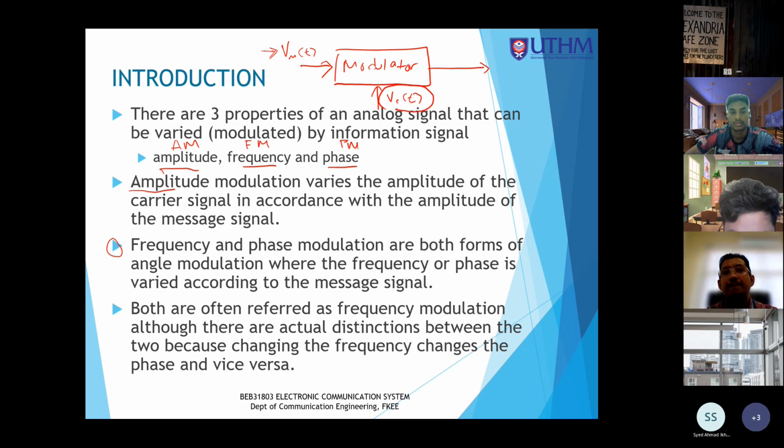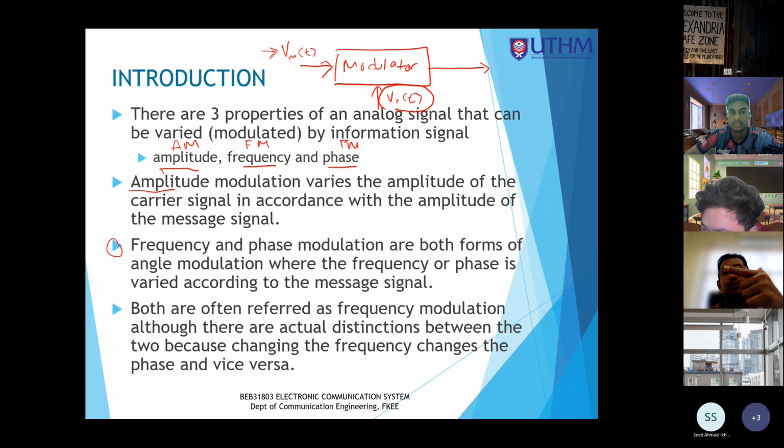Another one is PM. Okay, PM adalah phase modulation. So phase modulation is the process of changing the phase of the carrier in accordance with the amplitude variation of the input message signal. Nampak, so perubahan amplitude message itu mengakibatkan perubahan sifat carrier.